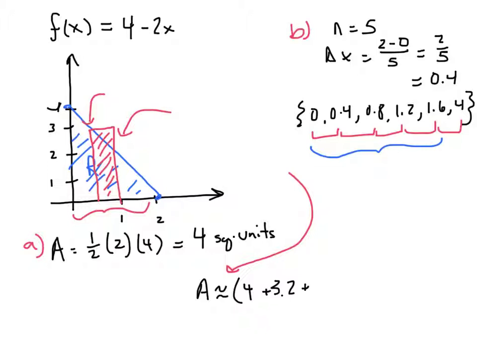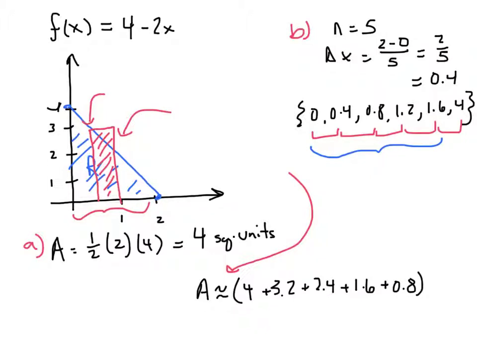F of 0.8, multiplied by 2, 0.8 times 2 is 1.6. 4 minus 1.6 is 2.4. F of 1.2, you double that, you get 2.4. And 4 minus 2.4 is 1.6. And then finally, when we put in 1.6, we double that, we get 3.2. 4 minus 3.2 is 0.8.